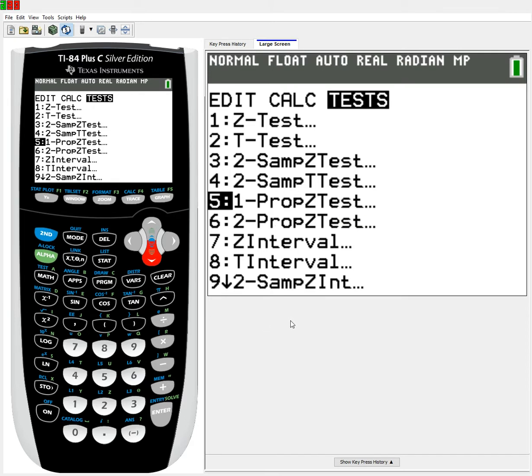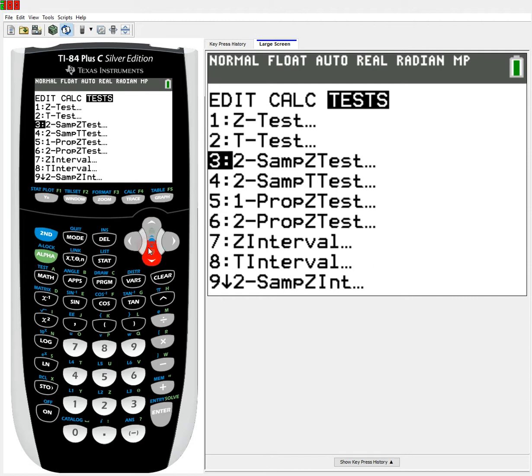When we were doing confidence intervals on a mean, our program was TInterval. That's because it was based on a different test statistic. It was based on the t test statistic instead of z. Likewise, for hypothesis testing on a mean, we're going to use T-Test. So if you already have the programs down for confidence intervals, just replace the word int or interval with test, and those are the programs you use for hypotheses.